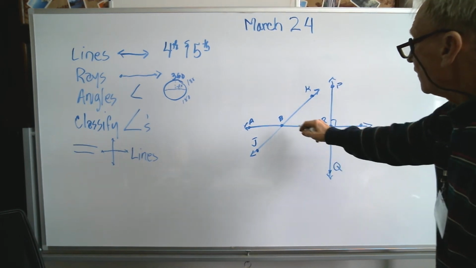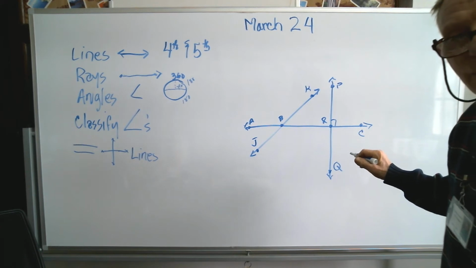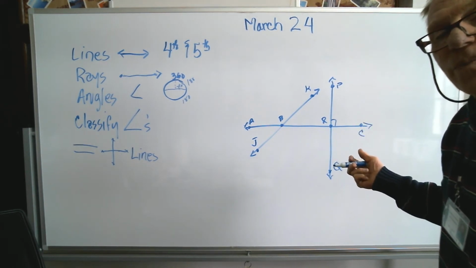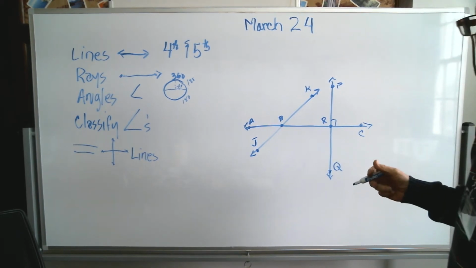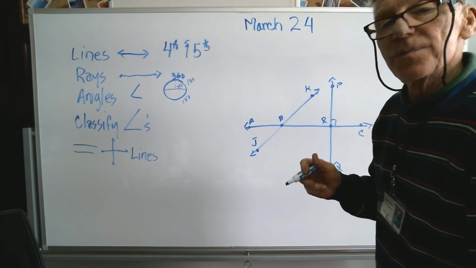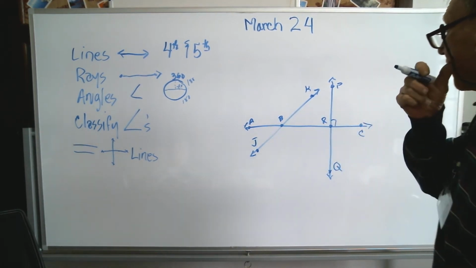And because it crosses it at an exact 90-degree right angle, it crosses it perpendicular. Perpendicular means it crosses another line at 90 degrees.